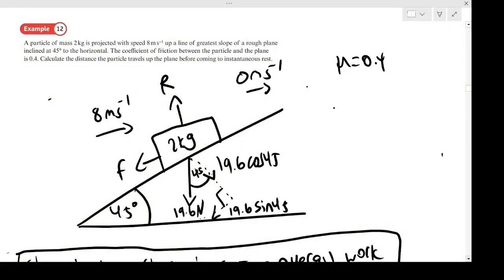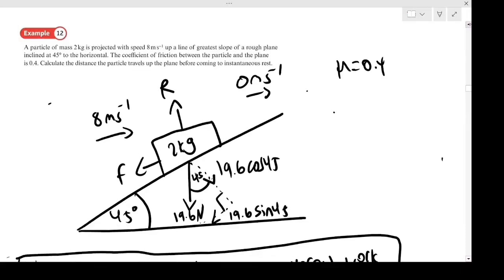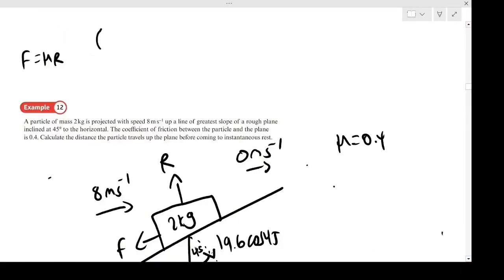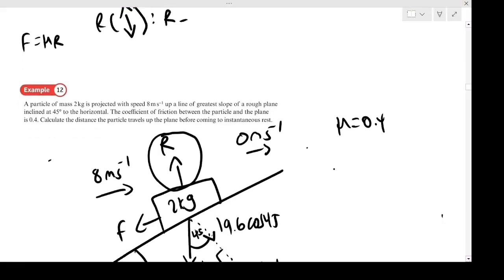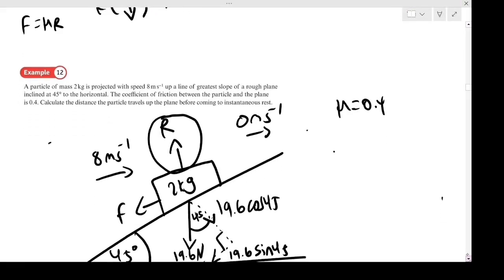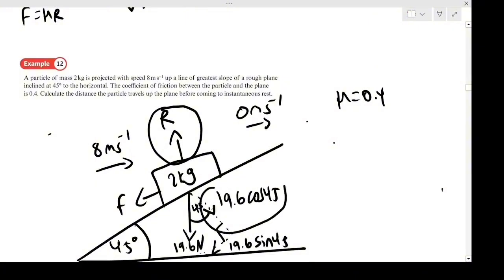Now we're going to want to resolve. We're going to want to look at the forces perpendicular, so in this sort of direction. So the force upwards is R, take away the downwards force, the opposite one, which is 19.6 cos 45.